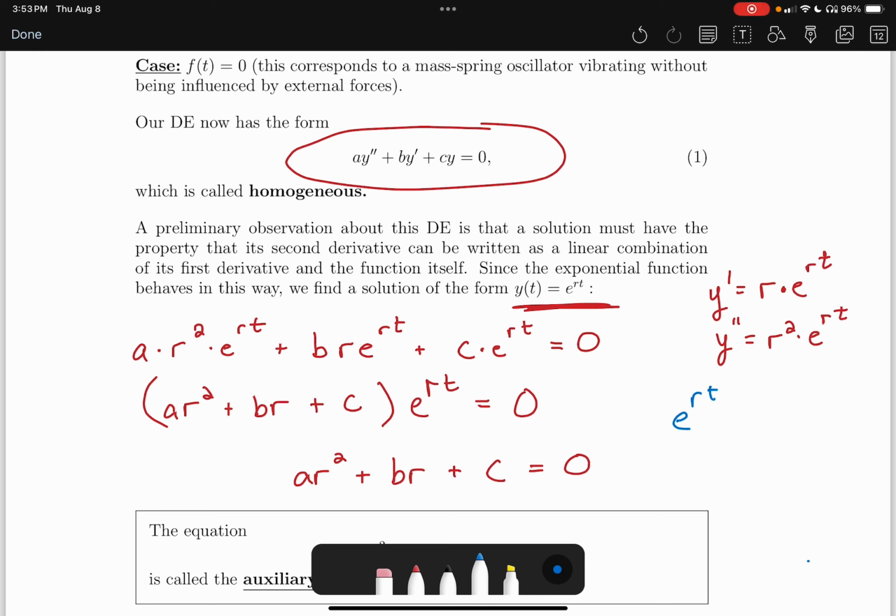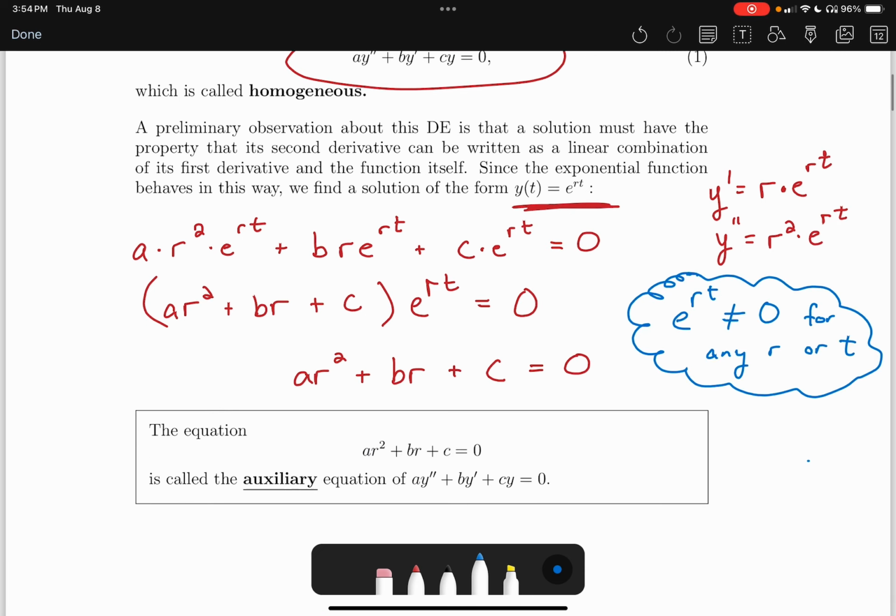E to the rt is not equal to 0 for any r or t. And we actually call this ar squared plus br plus c equals 0 the auxiliary equation. And what that's telling us is if we can solve that auxiliary equation, then we know what our solution looks like.